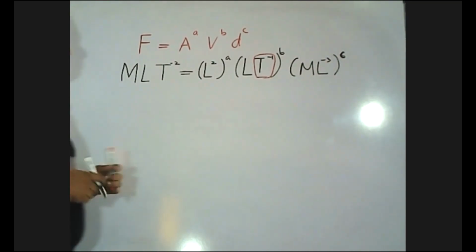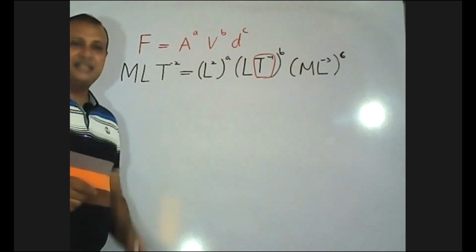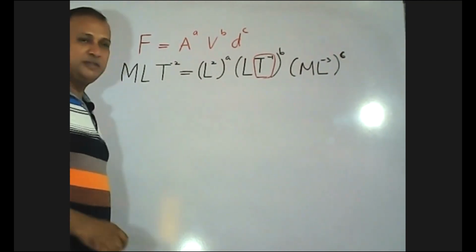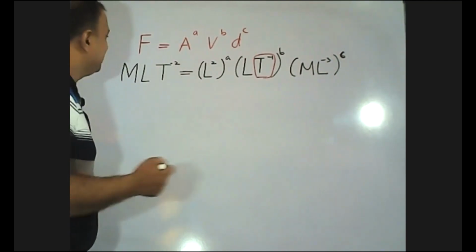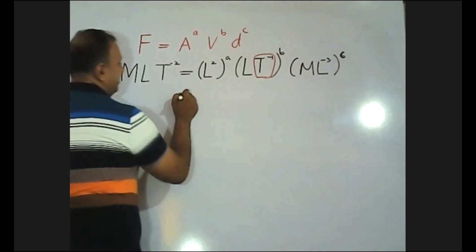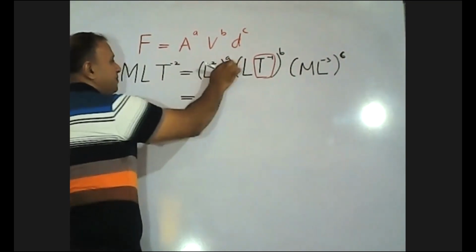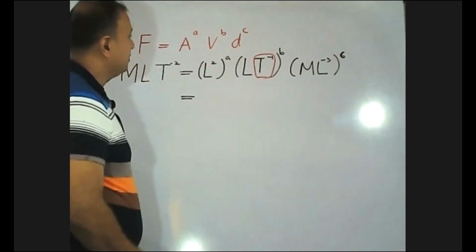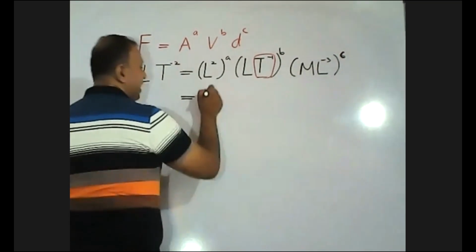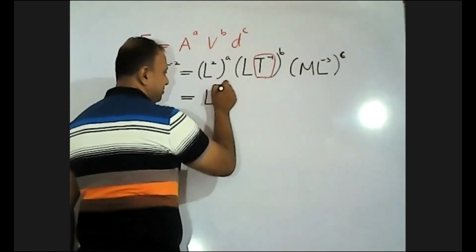For those who don't like to apply shortcut methods, I can simplify this. Here, 2 times A, 2A, so L times 2A.